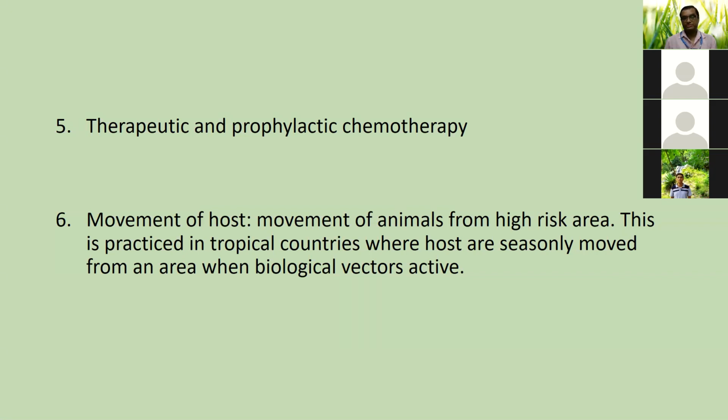Say, in some tropical countries, in rainy seasons or in summer seasons, the animals are moved from their natural habitat, the natural place of the host, to a different area, so that the biological vectors which are active in their natural area cannot transmit the disease.